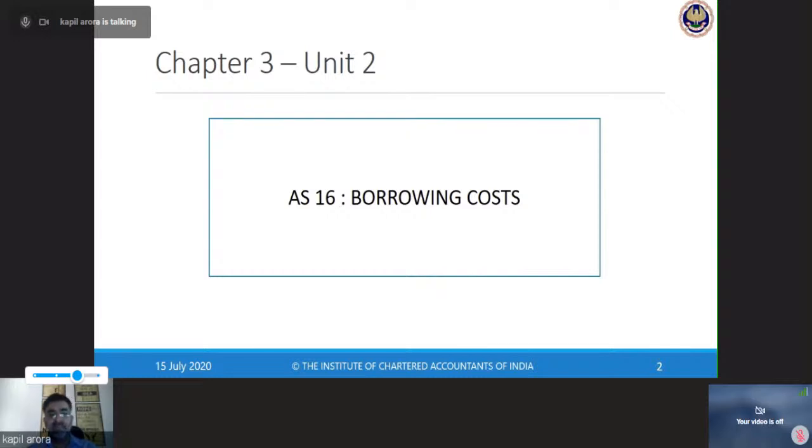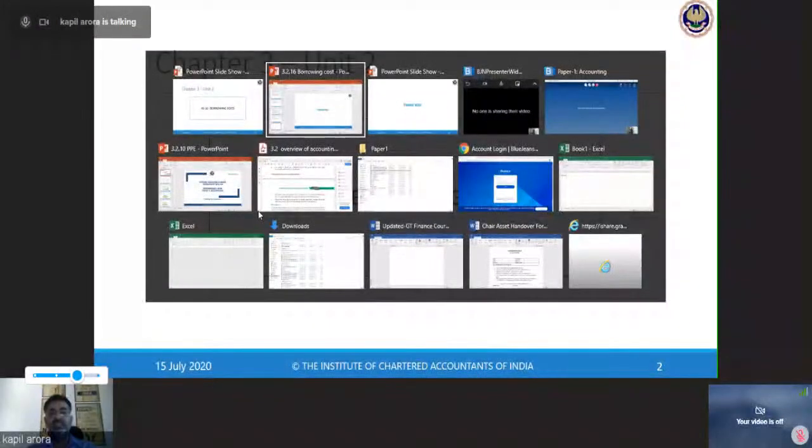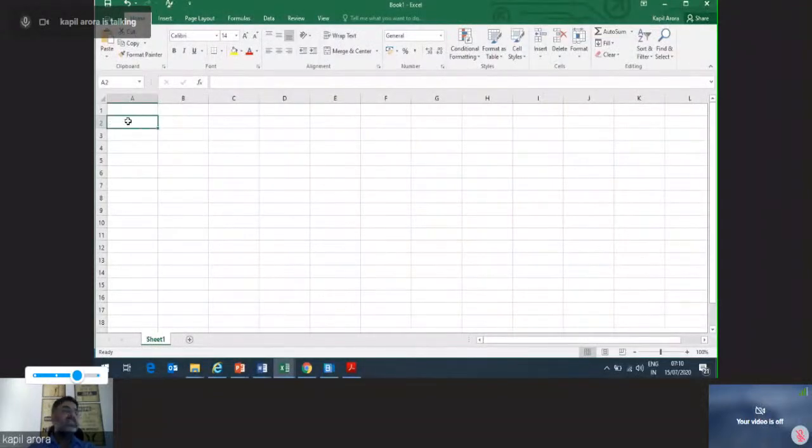Before I jump onto the borrowing cost, Harika, AS11 would be part of it.